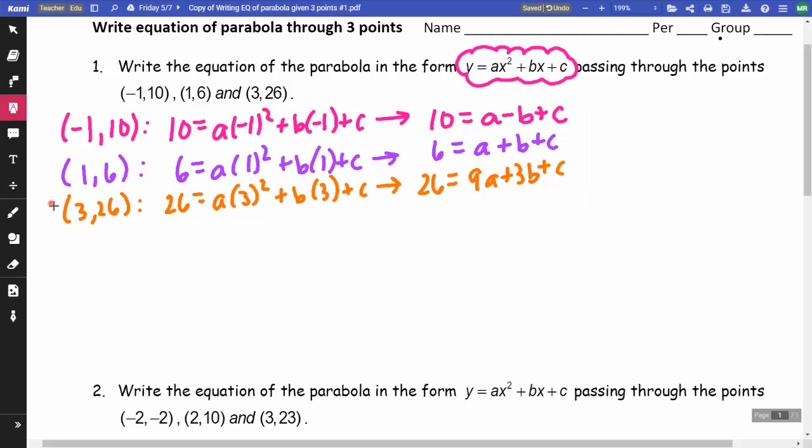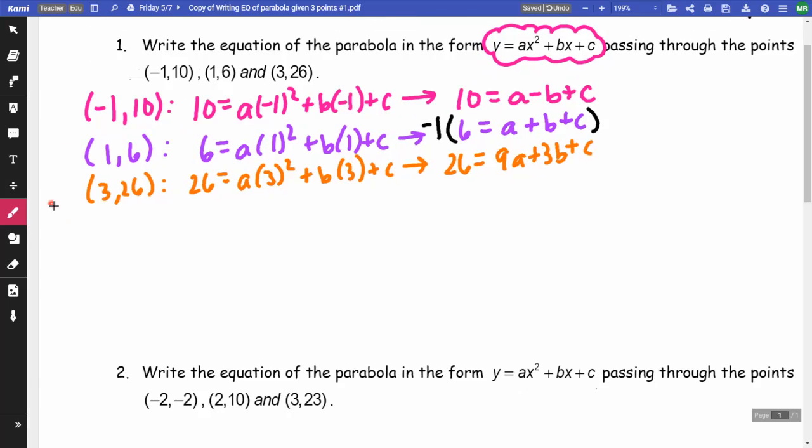That's just easy math for me. So I need to decide which equation to use. I think I'm going to use the purple equation, and I am going to multiply that equation by -1 and use that with the pink equation to eliminate my c, and then use that with the orange equation to eliminate my c.